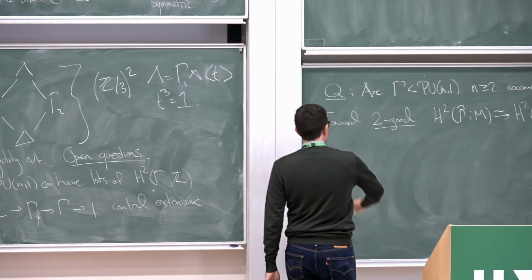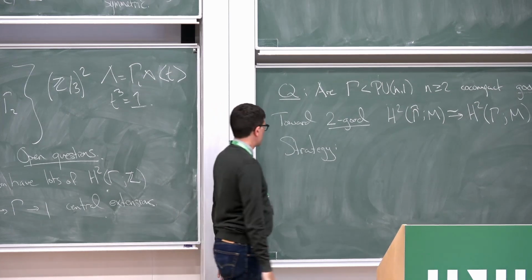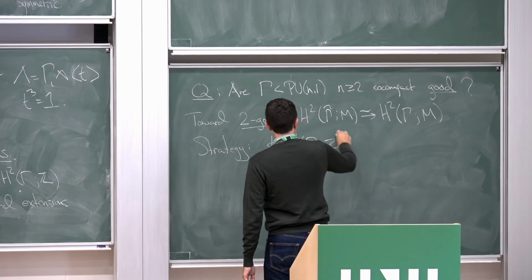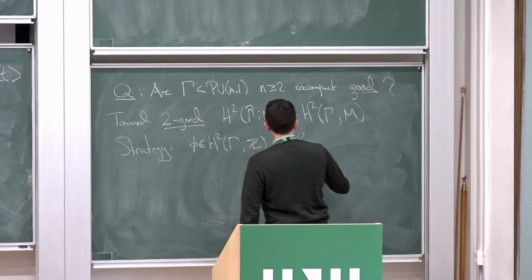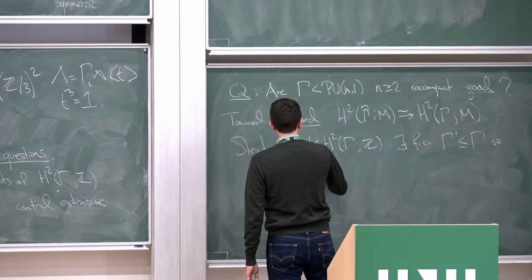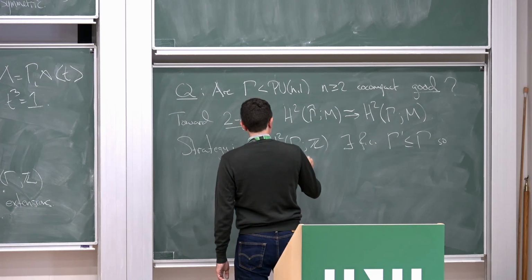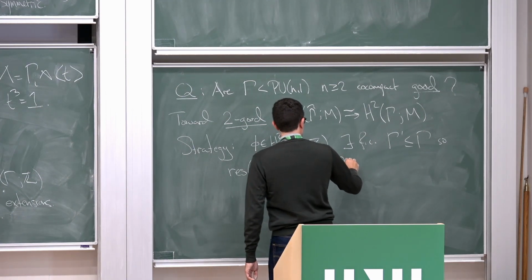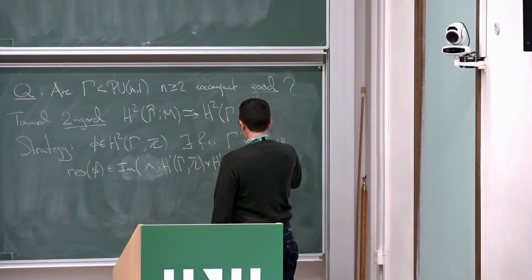The point is that the strategy we take is we show, so you have this element in the second cohomology, we show we can pass to a finite index subgroup so that the restriction of this lives in the image of the cup product.